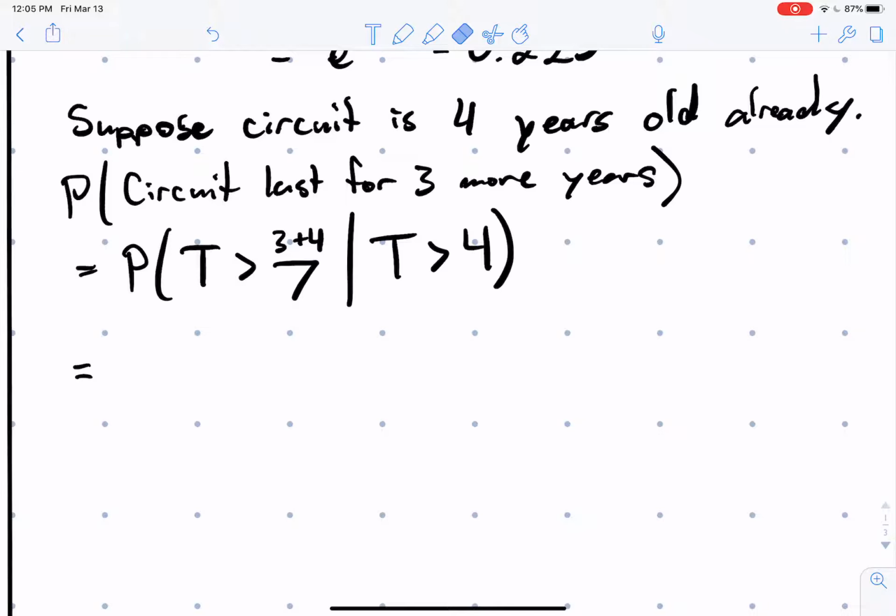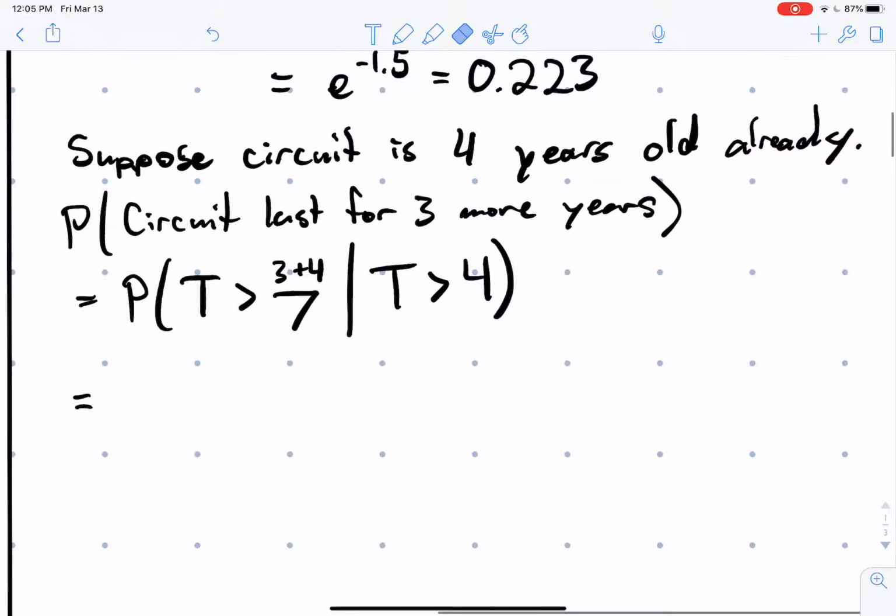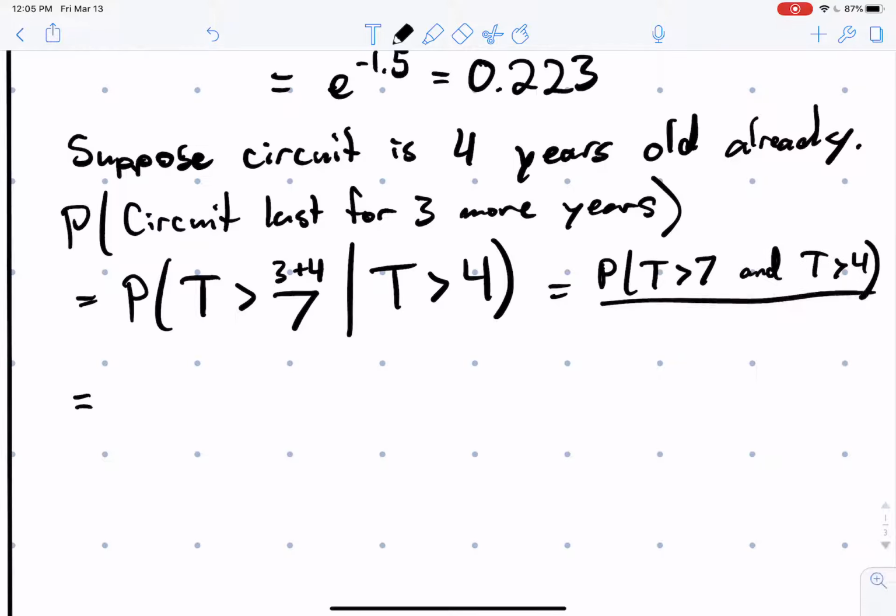This is equal to the probability that T is greater than 7 and T is greater than 4, over the probability that T is greater than 4.